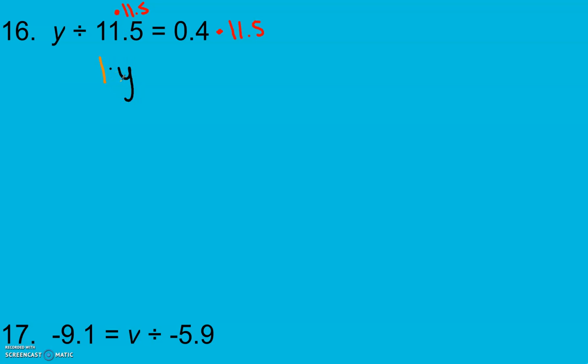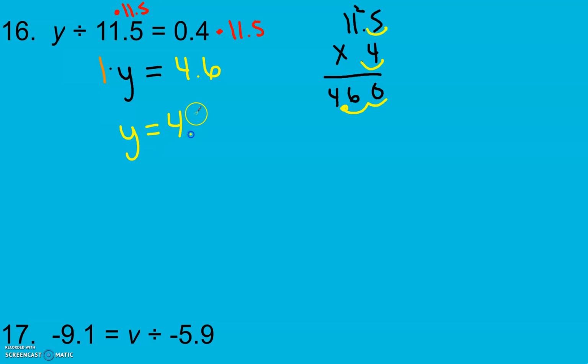If we multiply and divide by the same thing, guys, they cancel each other out and we get 1. Now I'm going to multiply here. 11.5 times 0.4. I look at my answer. 2 decimal places, so 2 decimal places. And I get 4.6. So y equals 4.6.